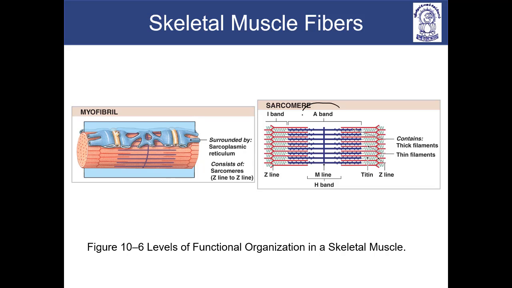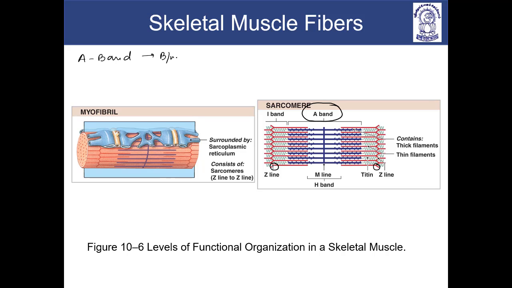So this is the A band or anisotropic band. It is between two Z lines. One is here and another one is here. So between two Z lines, you can see the A band is here.